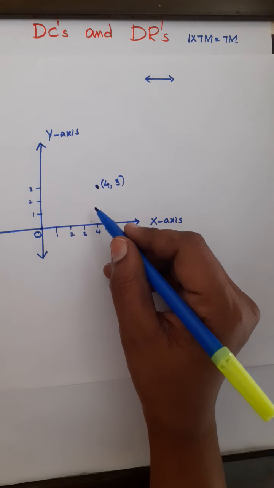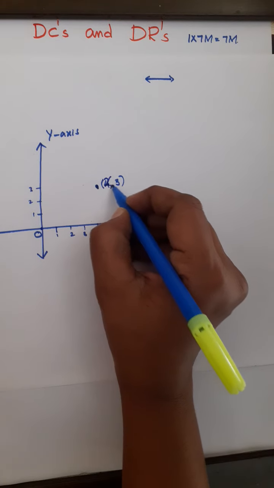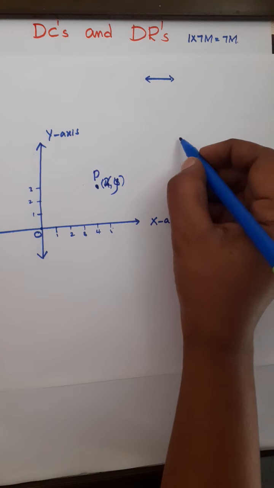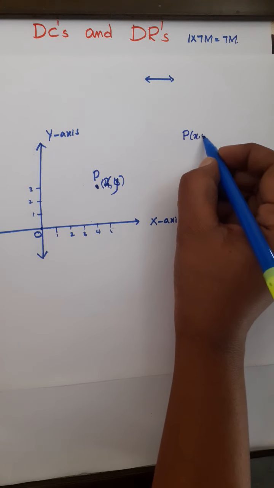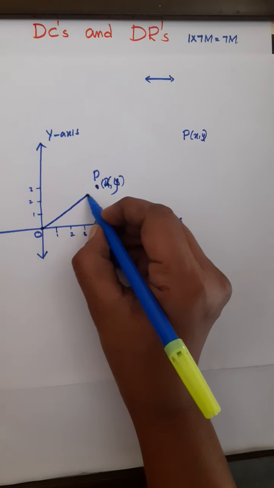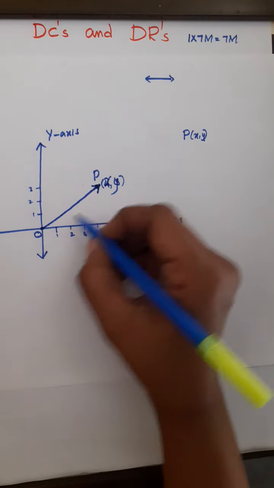And here, suppose let us consider this point as some (x, y), and I am calling it P. So P(x, y) is my point now. And the line segment OP should have some direction this side.